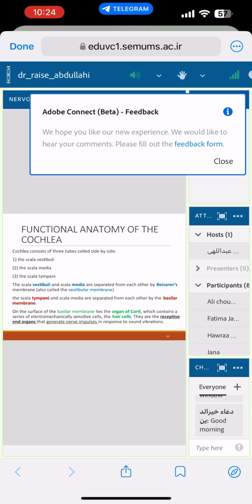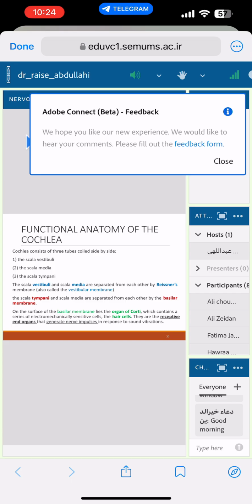On the surface of the basilar membrane lies the organ of Corti, which contains a series of electromechanically sensitive cells, or hair cells. They are the receptive end organs that generate nerve impulses in response to sound vibration.